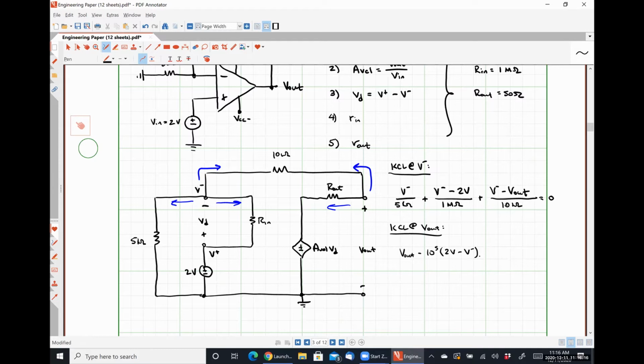This is divided by our output resistance of 50 ohms. And we also have the current through the feedback loop, V out minus V minus divided by 10 kilo ohms, is equal to 0. 2 equations, 2 unknowns. So now we've got to take a minute or two to solve this.